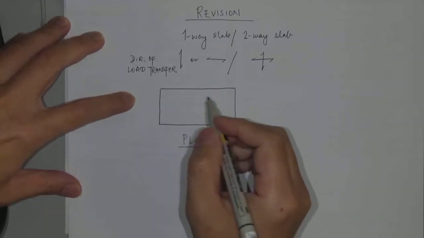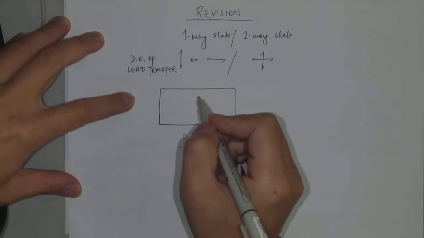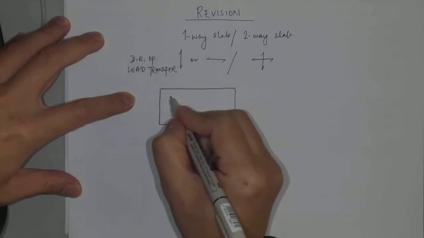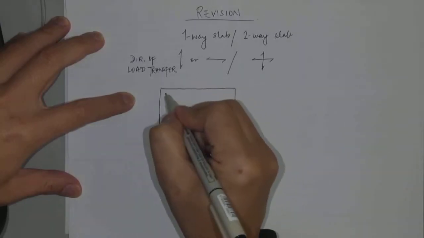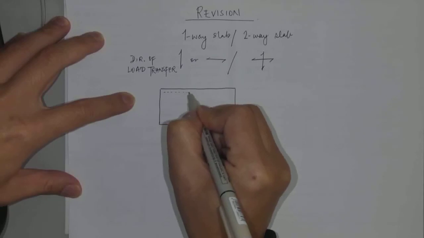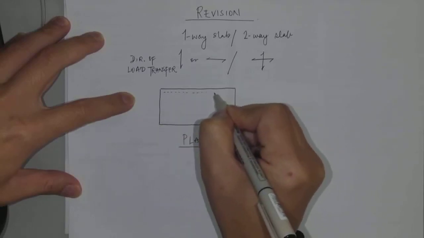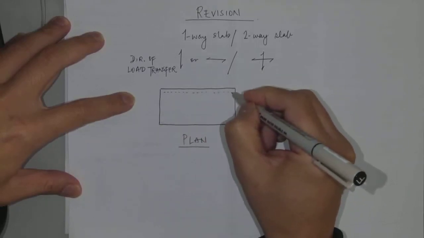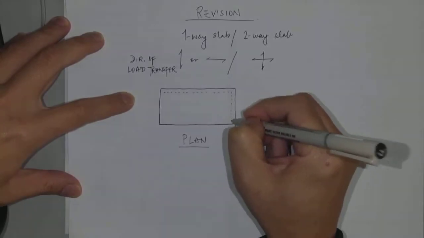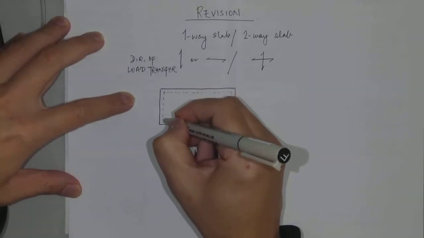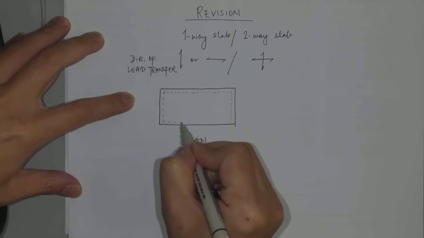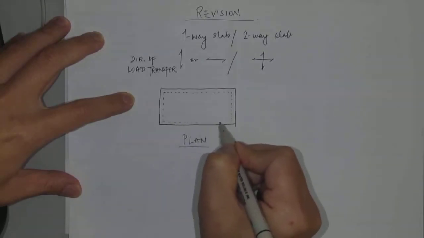This slab is supposed to be supported by beams around the edges. These dotted lines indicate the beams underneath the slab, supporting the slab.